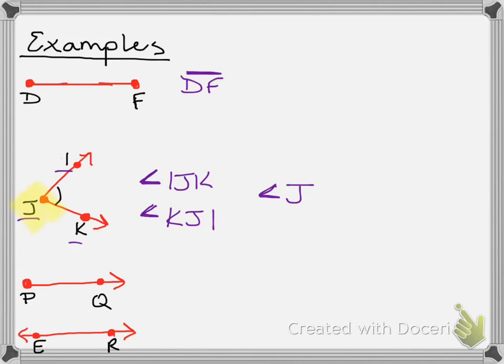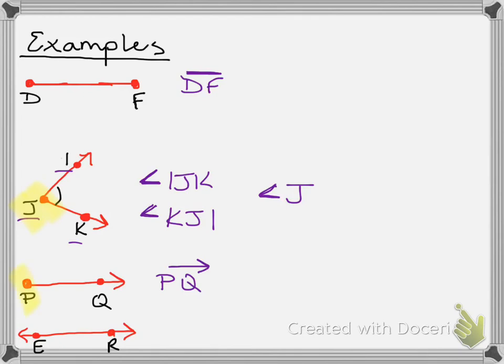All right, let's go to the next one. What do I have in the next picture? I see 1 endpoint and 1 arrow. So that would be a ray. That's the symbol for ray. And then whenever you're labeling a ray, which one do you have to write first? You have to write the endpoint first. So because the P is the endpoint, it's going to be written first.